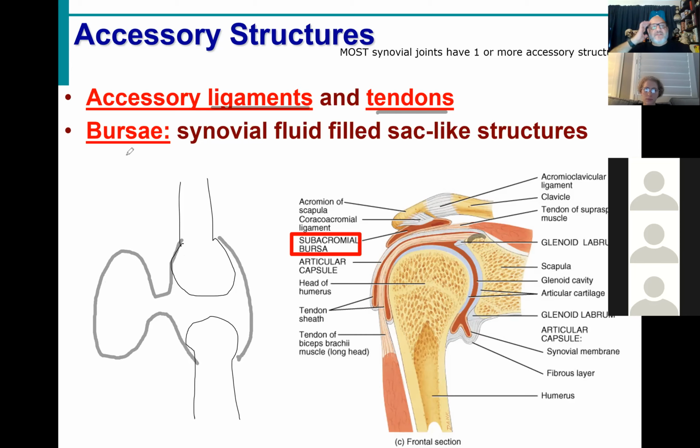And this extension of the synovial capsule is known as a bursa, or bursae being the plural. As an extension of this synovial capsule, it is going to contain synovial fluid inside of it. And so basically it forms essentially a fluid-filled pillow in the joint.